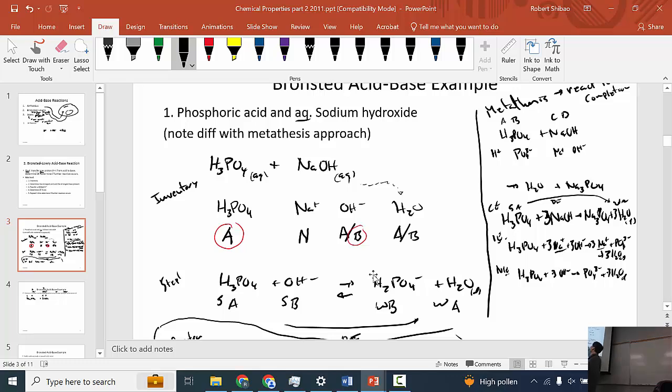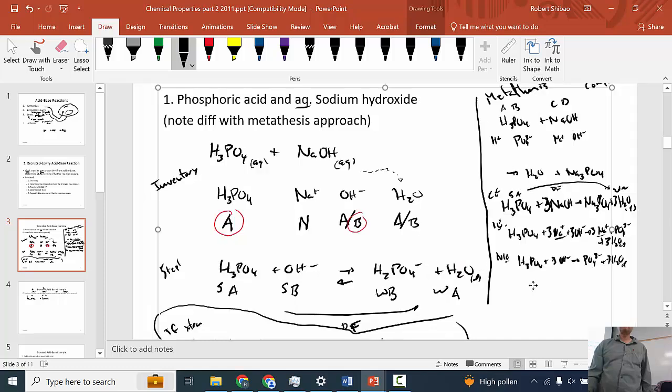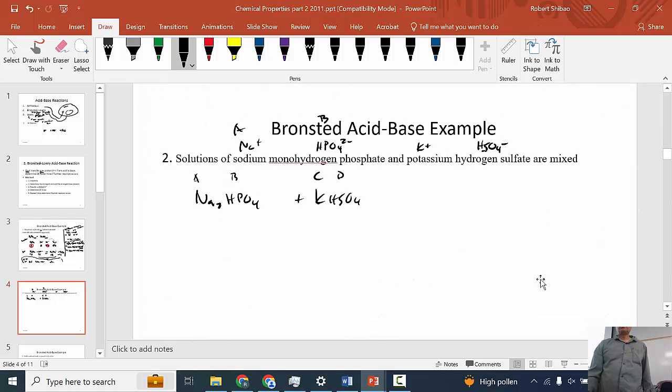And so we leave H3PO4 as is because that's the major species in water, and then hydroxide can attack it. Water's not pulling them off, but hydroxide's pulling them off. So that's why I left it on up there.